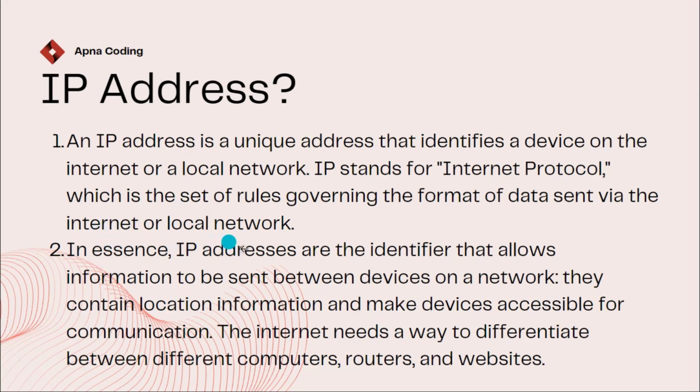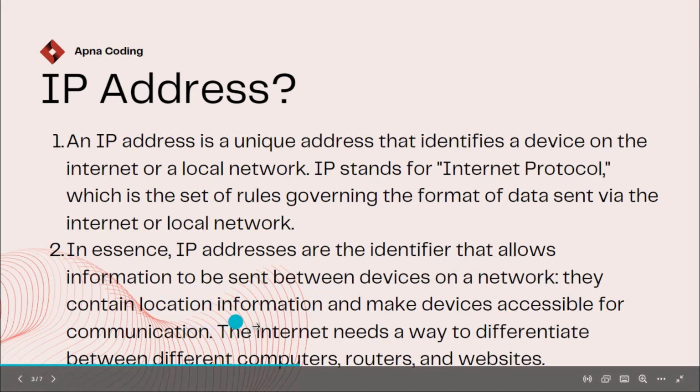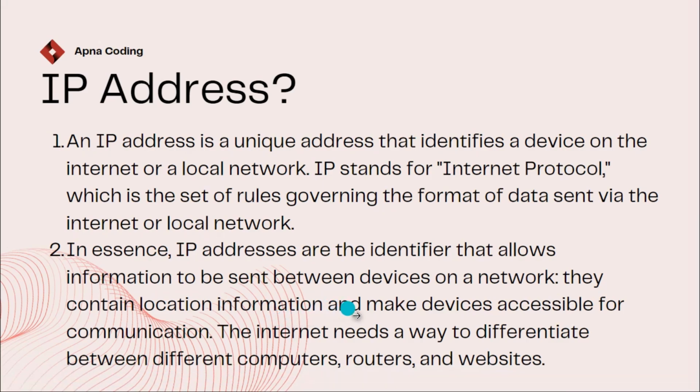An IP address is the identifier that allows information to be sent between devices or a network. It contains location information and makes devices accessible for communication. The internet needs ways to differentiate between different computers, routers, and websites.